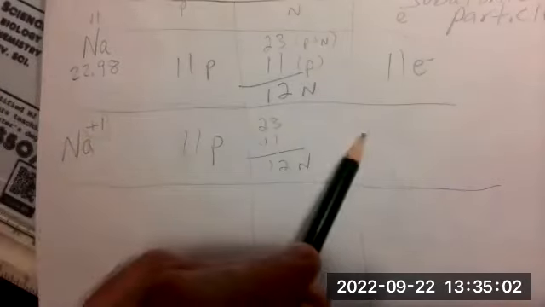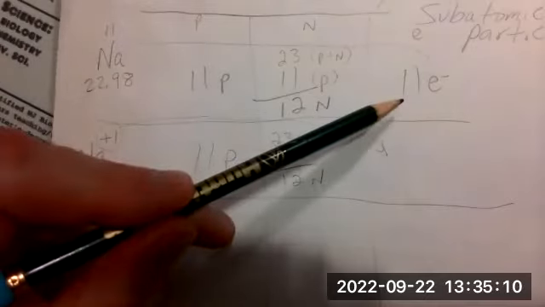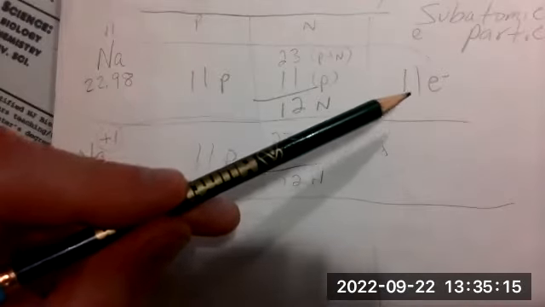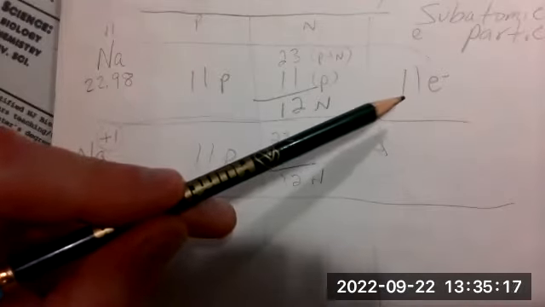And you get used to recognizing this. When you see a charge up here, the only thing that changes is the number of electrons. So let's take a look. The neutral atom, when it had no plus or no minus next to it, had 11 electrons. You have to keep in mind that electrons are negatively charged.